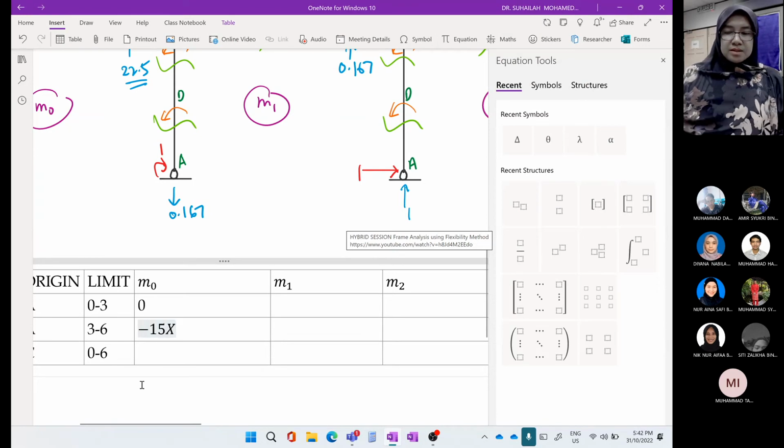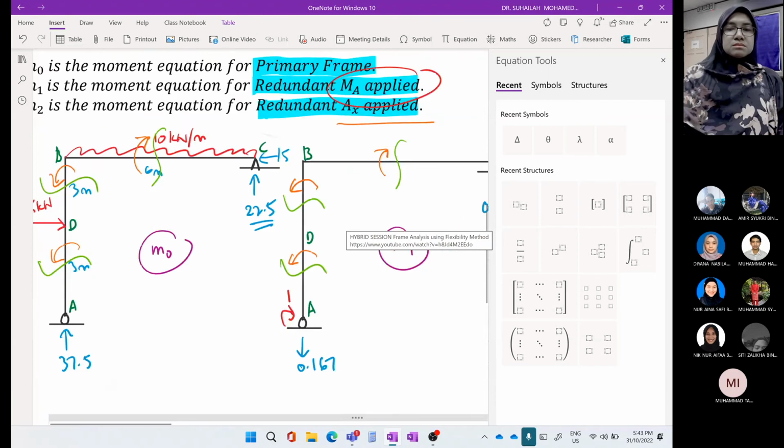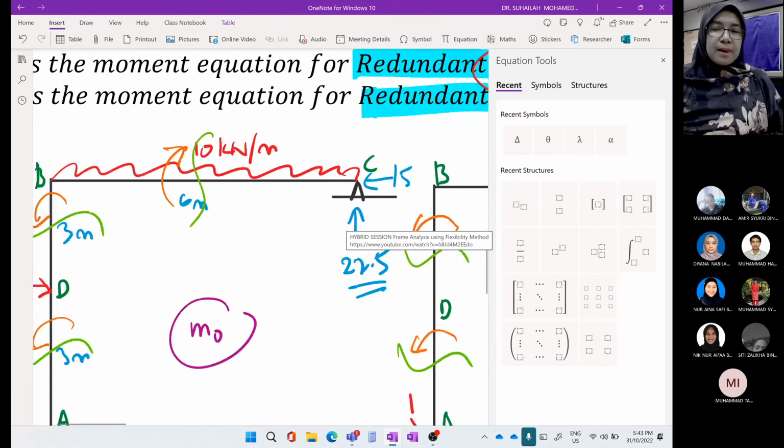Negative 15x plus 45. Okay, what about this?